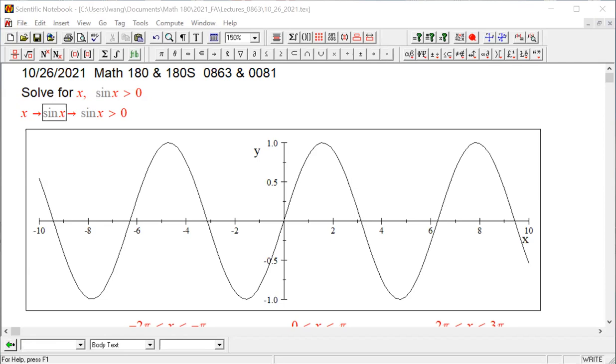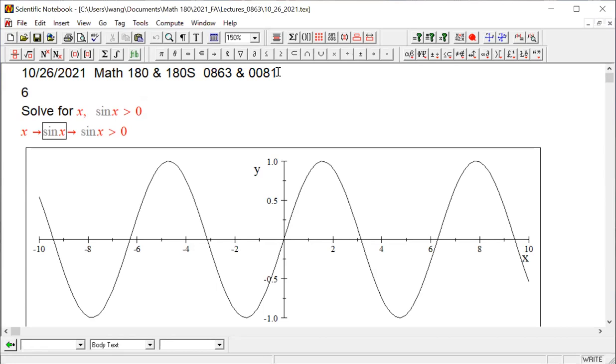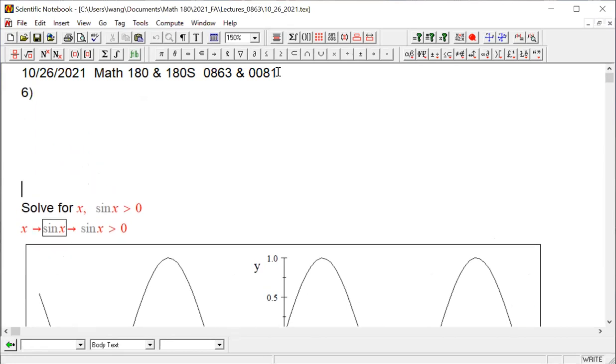Okay, number 6. Number 6, we have x squared less than 2x plus 8.